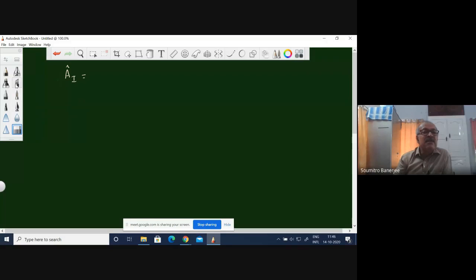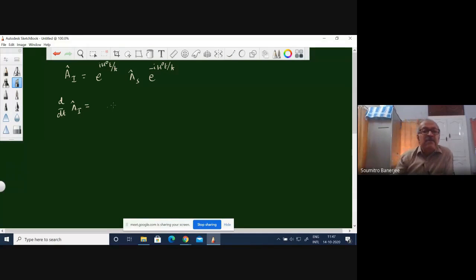It was essentially e to the power i H naught t by H cross, A Schrodinger, e to the power minus i H naught t by H cross. This is what it was. So we are trying to figure out what is the derivative of that, the same way as we did for the Heisenberg picture.